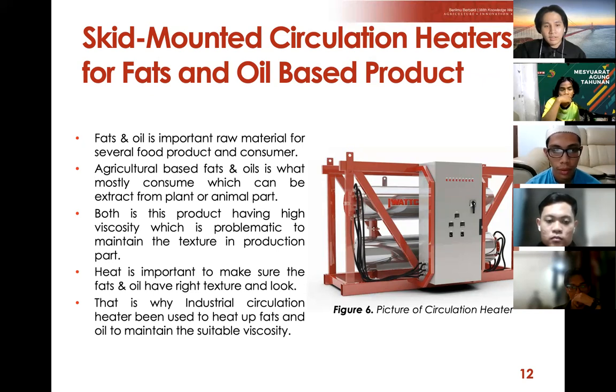Heat is important to make sure fat and oil have the right texture and look. That is why an industrial skid mounted circulation heater is used to heat up the fat and oil to maintain a suitable viscosity.